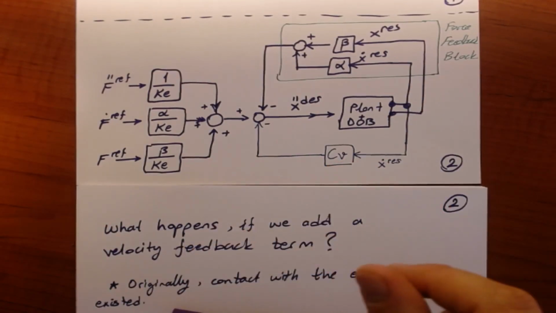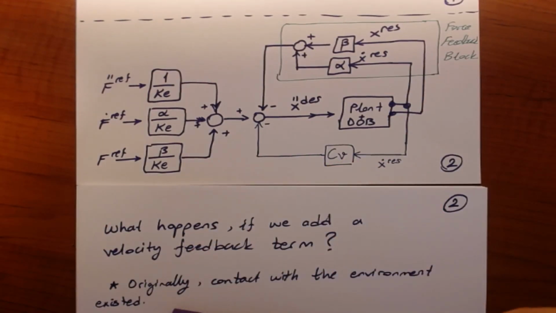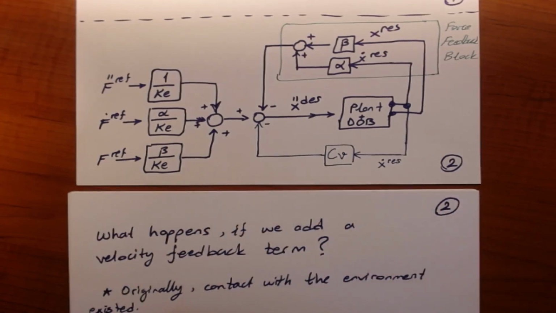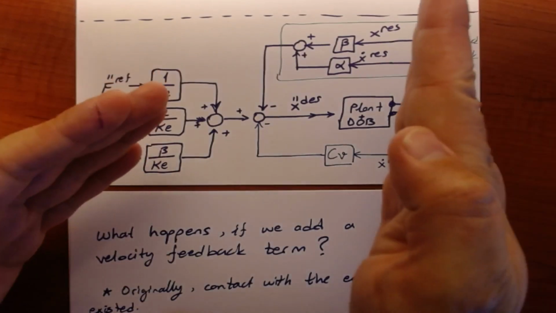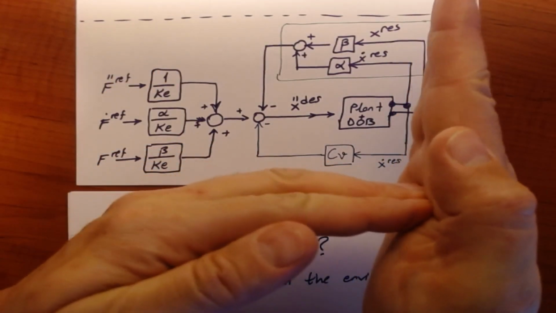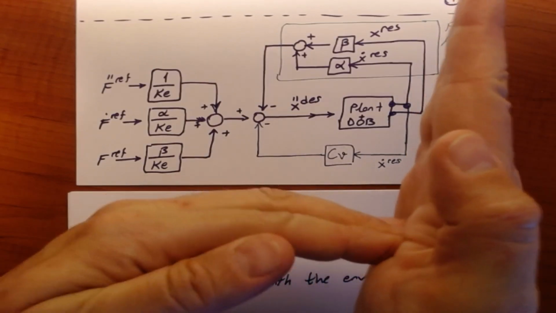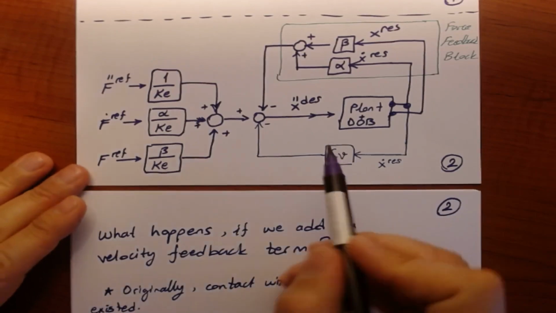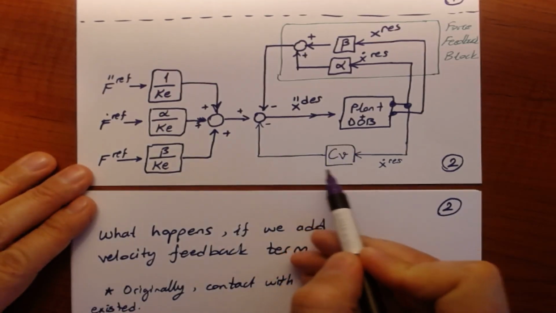That's an unwanted situation in most robotic systems. So what we want is that your robot approaches the environment slowly and contacts and then carries out the force control. So in order to handle this, that velocity feedback is necessary.